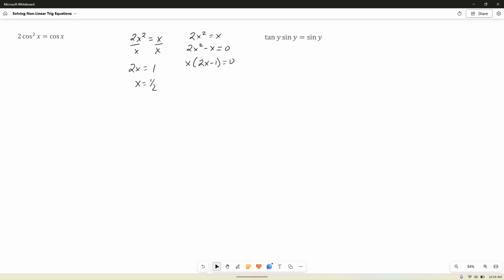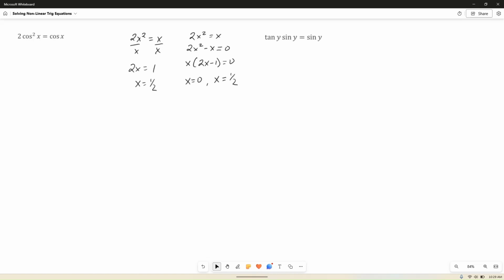The first factor, x, means x has to be 0. The second factor, 2x minus 1, results in x is equal to 1/2. So if I divide, I lose out. I eliminate that x equals 0 solution.